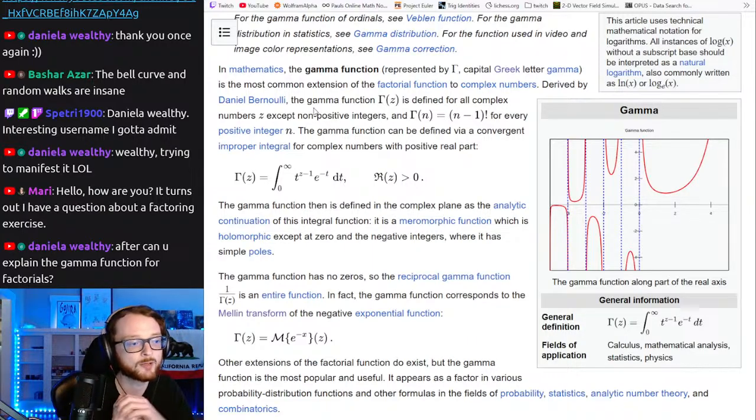You can only plug in 0, 1, 2, 3, 4, 5 with the factorial. The gamma function works for nearly any real number. The only ones it doesn't work for are negative integers. You can see this is a graph of the gamma function here, and there are these vertical asymptotes at the negative integers.